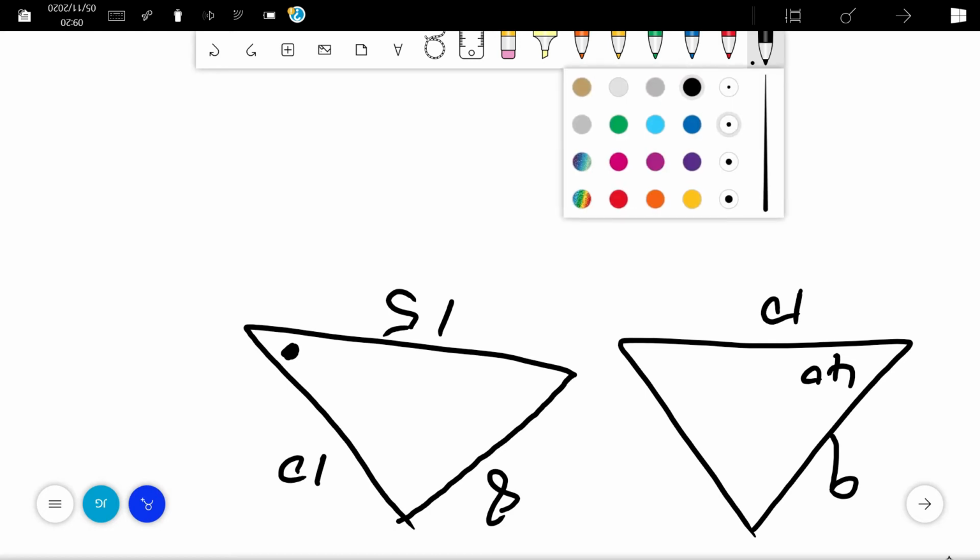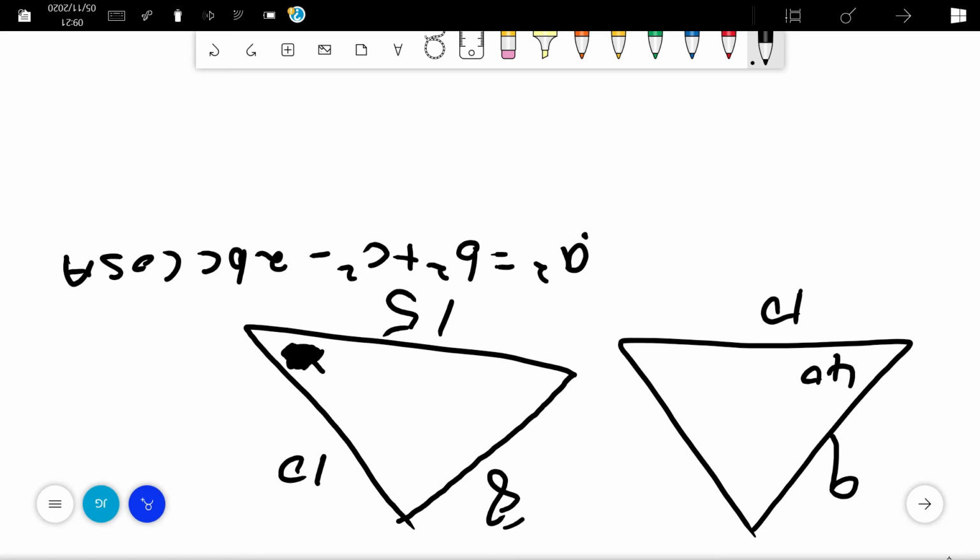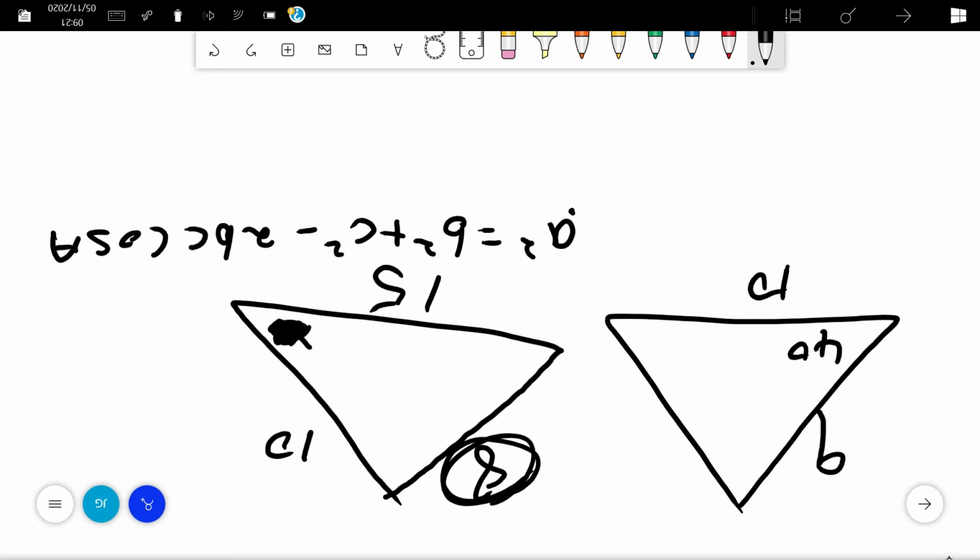So I'm just going to go straight down. A squared is equal to b squared plus c squared minus twice bc cos, I'm going to call that x. It's cos A anyway, that's what it is. So I'm interested in this angle, so this must be A. So remember, the angle you're interested in and the 2 ends of the formula are the 2 bits opposite each other on the diagram.